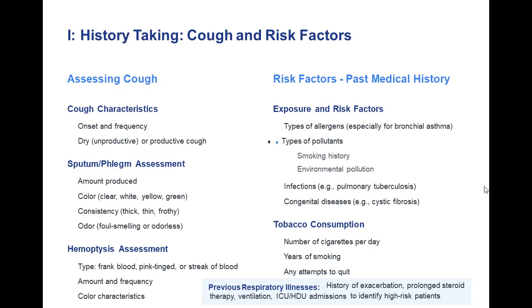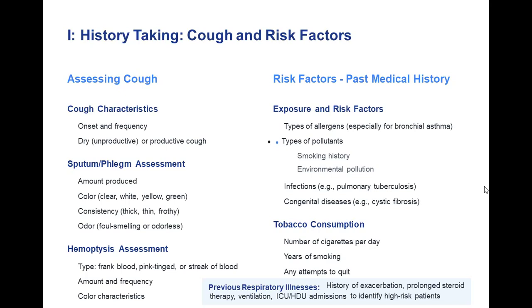This material is a direct diagnostic window. Quantify the amount, note the color, which can range from clear to yellow or green, indicating bacterial infection, and check the consistency, whether it is thick, thin, or frothy. Don't forget the odor. Foul-smelling sputum often suggests a serious bacterial infection like an abscess.